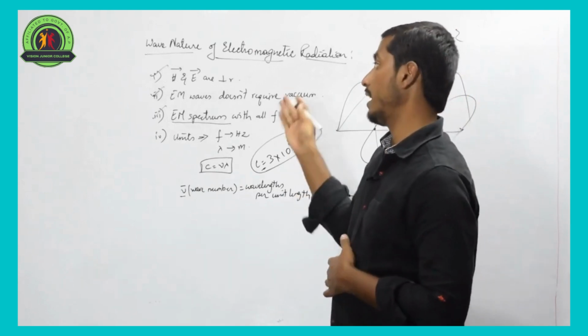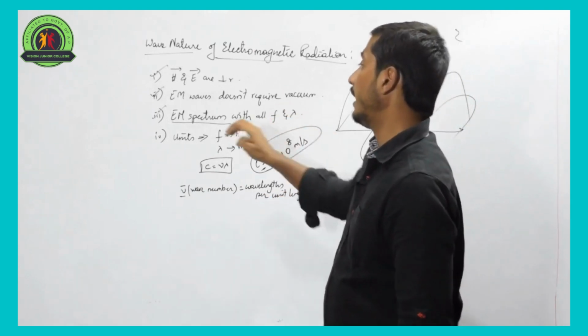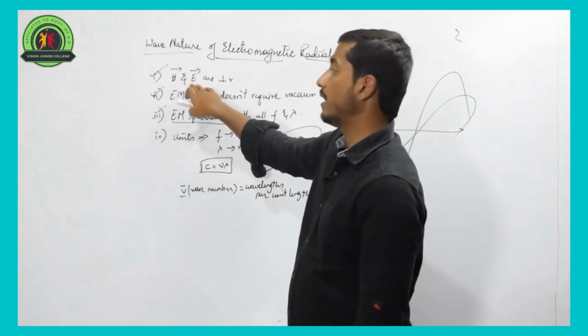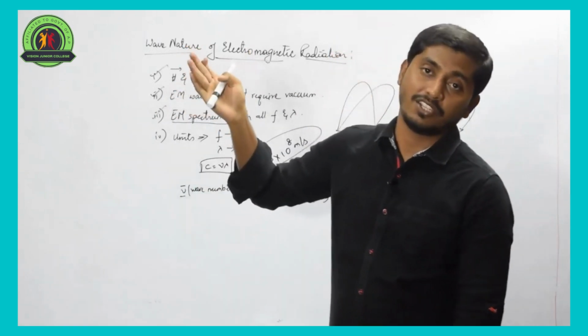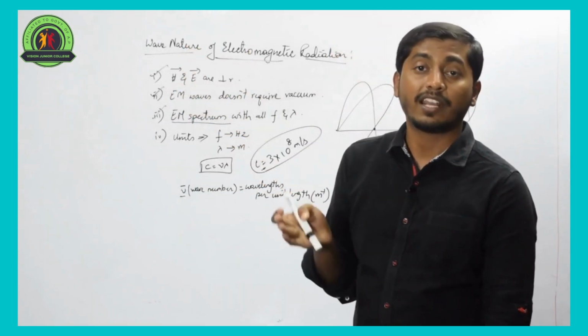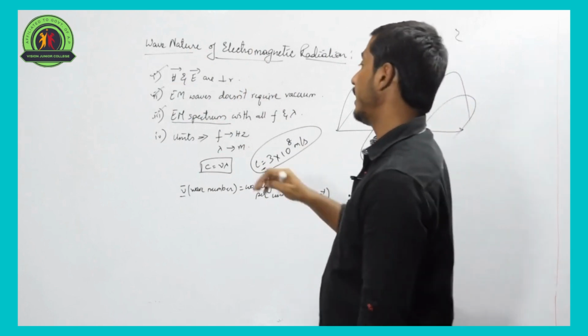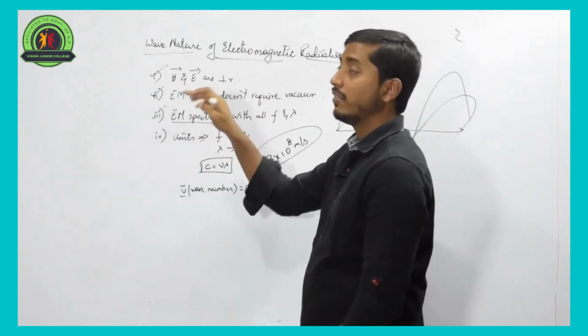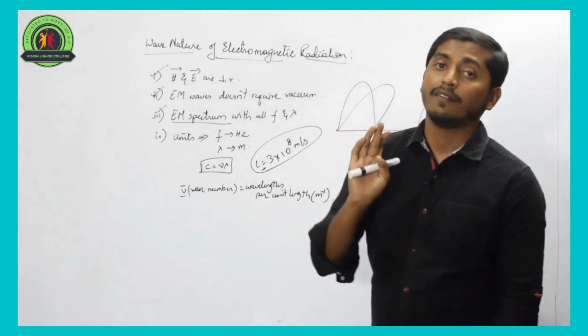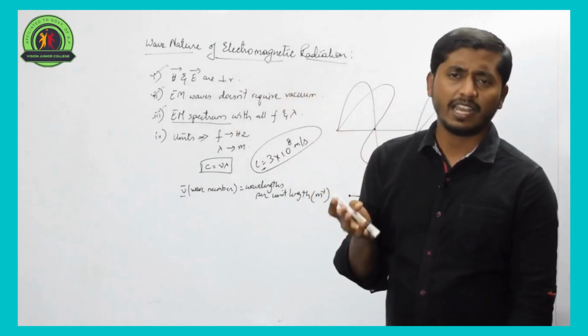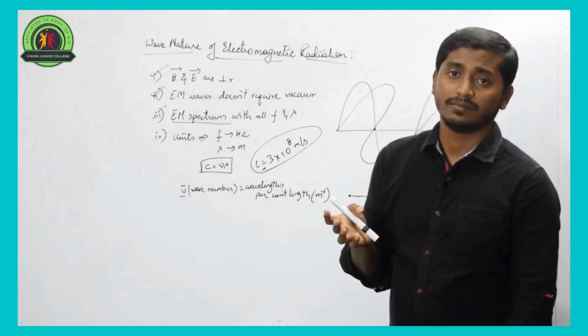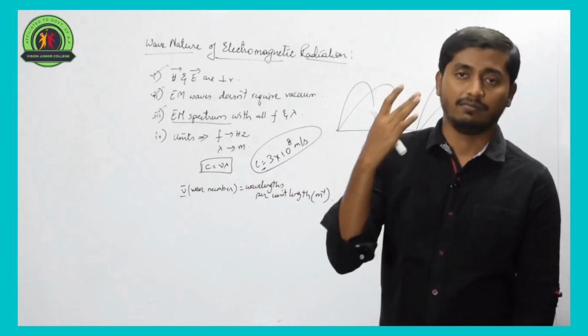What are the different points he explained in this wave nature? He tells that the magnetic field and the electric field are always perpendicular to each other and perpendicular to the direction of propagation. Next, the electromagnetic wave does not require any vacuum or any kind of space to travel. It can travel through anything.